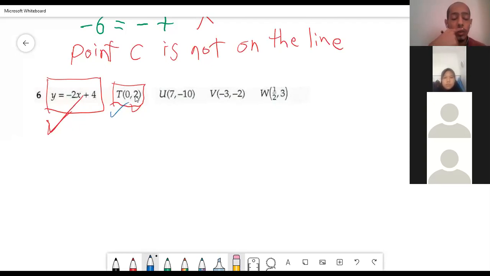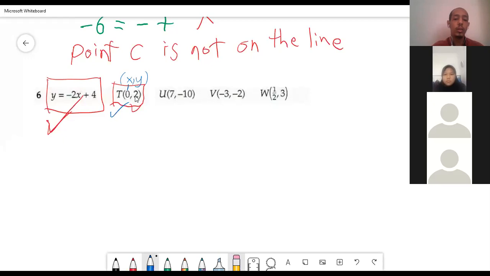What are the values of x and y? The value of x is 0, right? The value of y is 2.